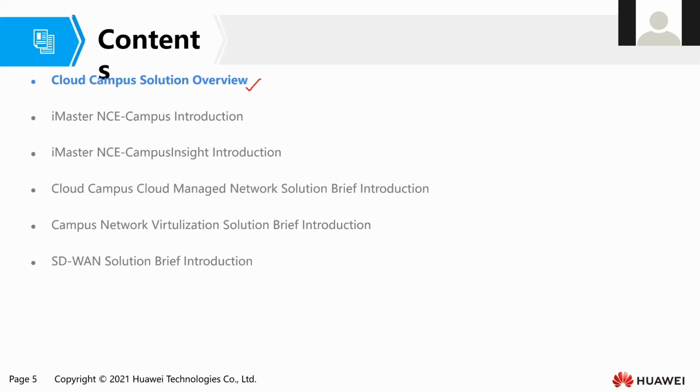After that, we will give an introduction to NCE-Campus and NCE-CampusInsight, where we'll talk about the features inside NCE-Campus and the features inside CampusInsight. After that, we'll talk about the three solutions inside the Cloud Campus. So let's proceed with the first part, Cloud Campus solution overview.